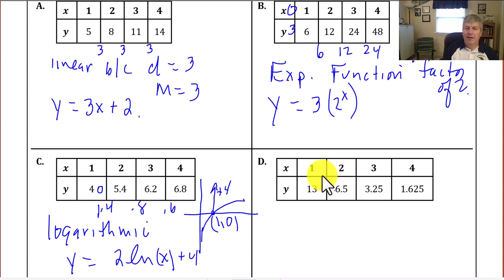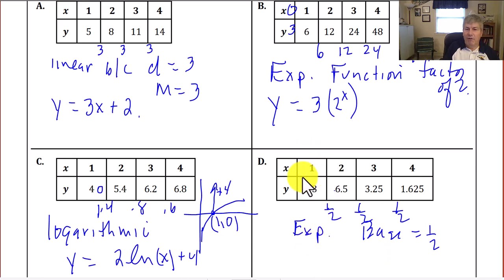And in example D, our differences here, we've got 1/2, and we got 1/2 again, we got 1/2 again. This is a geometric sequence, or an exponential with a base of 1/2. So it's exponential, our base is 1/2.